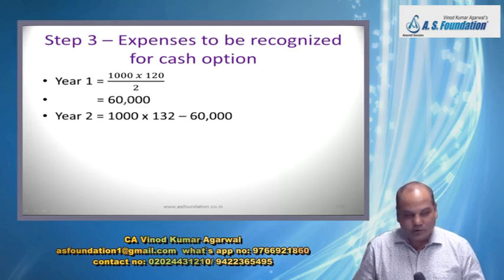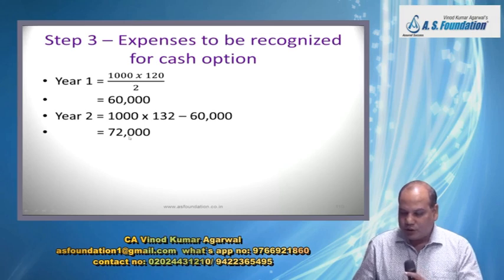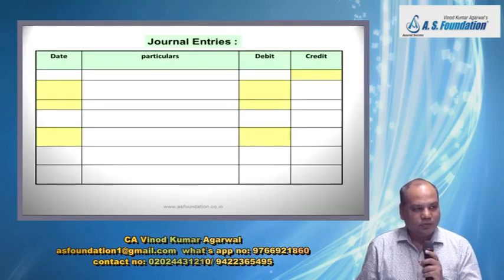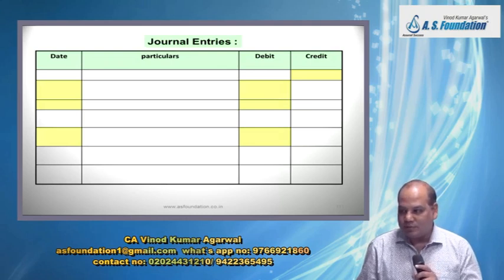I have already recognized 60,000 in the last year. So my cumulative expense should be 1,32,000, of which 60,000 is already recognized. So you're right, the answer is 72,000. Okay. Now you are ready to pass the journal entries.